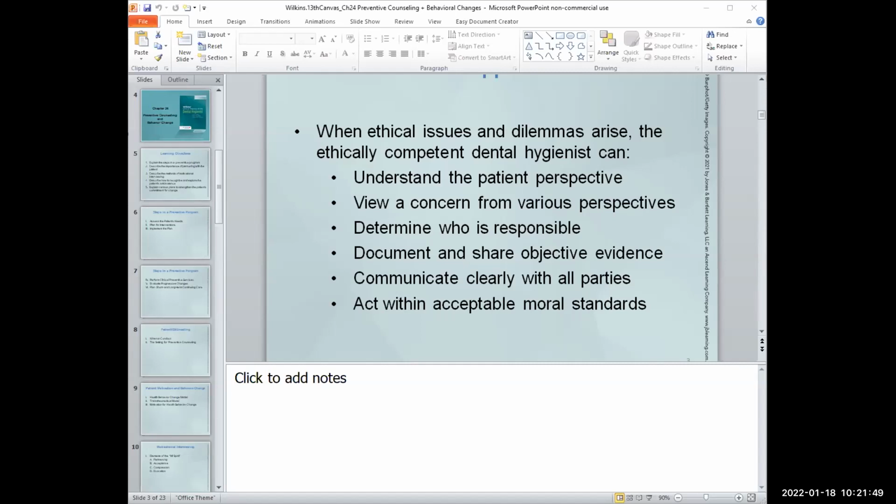This is called ADPIE. And some students were still confused with this in the board review on Saturday, which really perplexed me. They didn't know what ADPIE was. This is our process of care. The A starts over here at assessment. We've had assessment already.